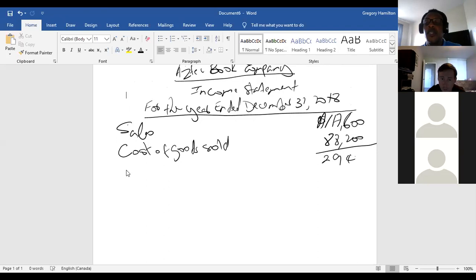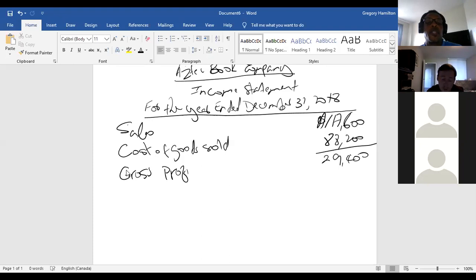Net profit? No, net profit would be pretty much the last thing, right? So net profit would be what we have been referring to so far as earnings available to common shareholders. So here it would be some form of profit.